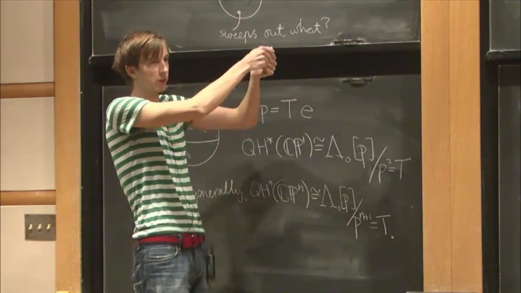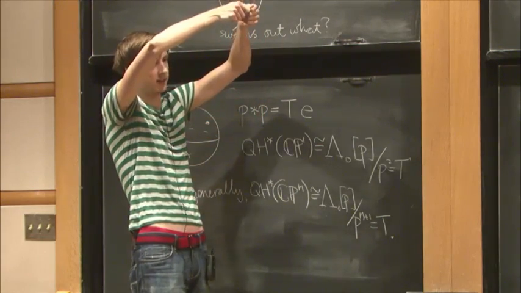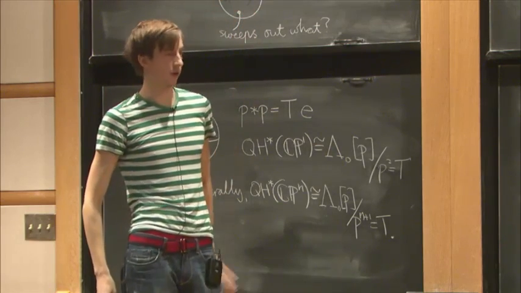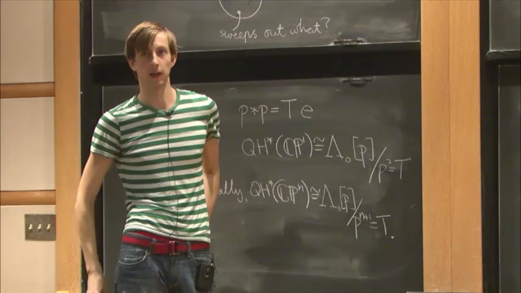Even if you multiplied the two top degree classes together, you would get something in negative degree. So only the lines can contribute.